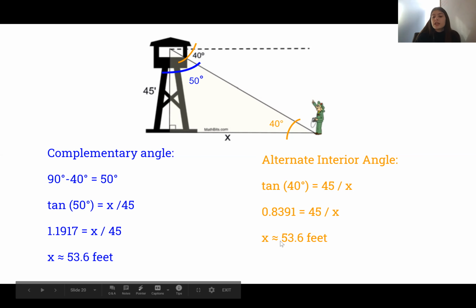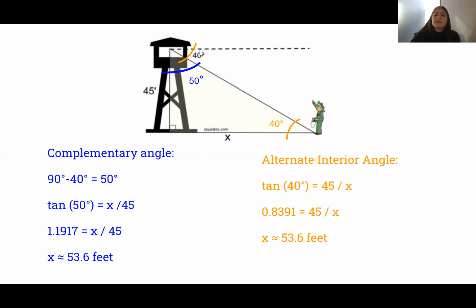All right, and you can see right here, we're going to get the same exact answer using the other angle. So let's see how that looks. So if we do alternate interior angle right here, right, it's 40 degrees up here is our angle of depression. So that means that this angle right down here on the other side is also 40 degrees. All right, notice now that our opposite and adjacent sides have now switched, okay?